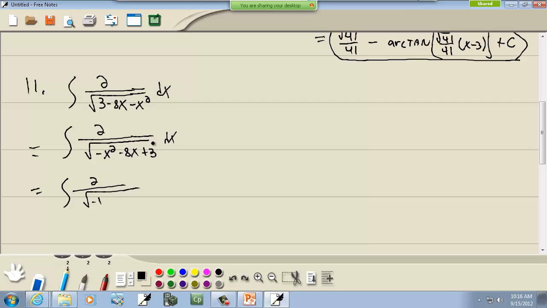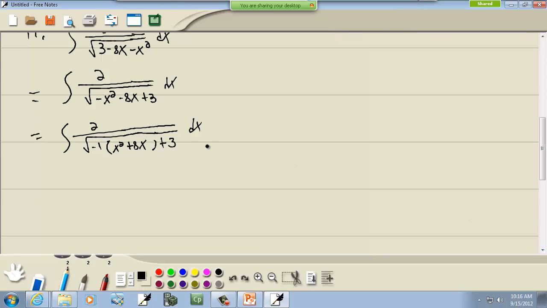Now, I don't have to factor it out of the plus 3, but I definitely need to factor it out of the first two. So this becomes x squared plus 8x. And plus 3 just remains. Okay. So let's complete the square now. Take the number before x, which is 8, multiply it times a half and square it. That gives us 4 squared, or 16.